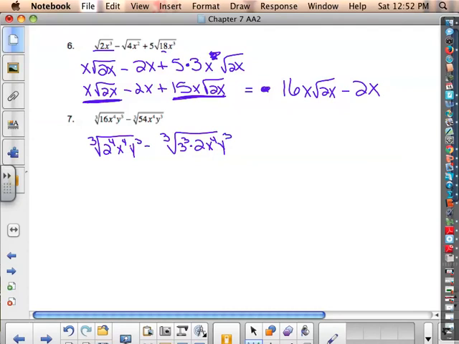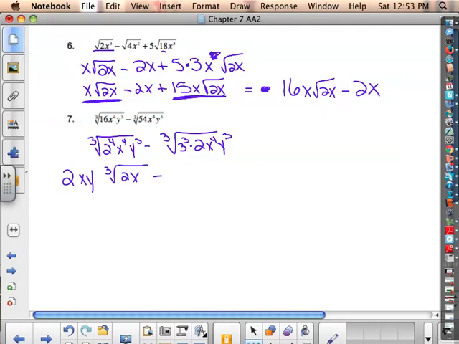So now look at simplifying each of those radicals. I will be able to bring out a 2. 2 to the third is our perfect cube, an x and a y. That will leave me the third root of 2x.